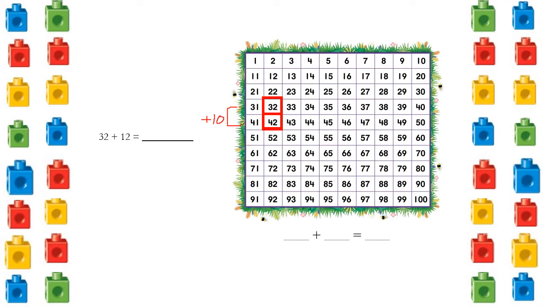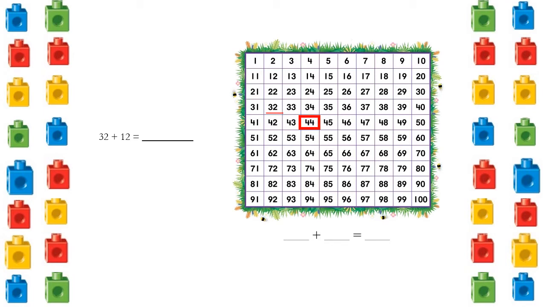Okay, now remember we said that 12 is actually a 10 and a 2. Well, now we've already done the 10, and what we need to do is move over 2 spots, kind of like we did on our number line. Okay, so here's what we did.